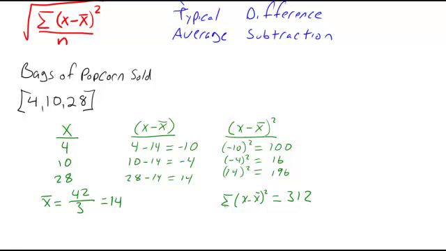I want to divide by n to give me the average. I have 3 pieces of data, so 312 divided by 3 gives me 104. And then I want to take the square root of everything, the last part of my equation, the square root.